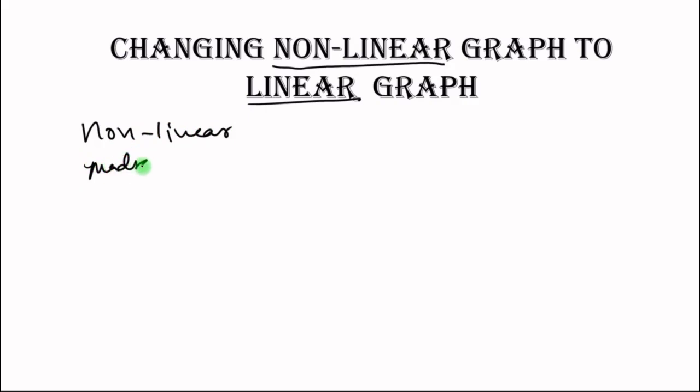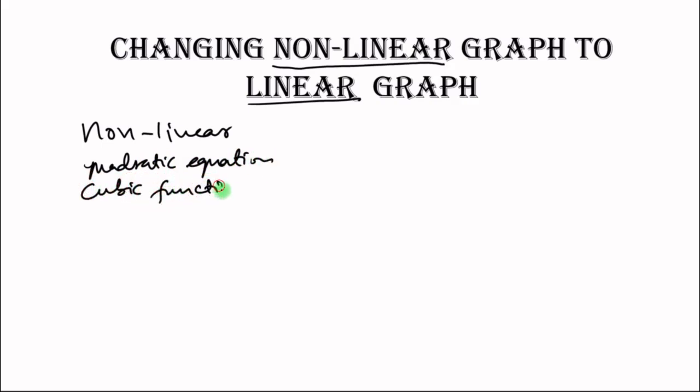So welcome to the topic of linear graph, that is changing nonlinear graph to linear graph. To begin with, just to focus on nonlinear and linear graphs. An example of a nonlinear graph or equation is the quadratic equation or cubic functions.